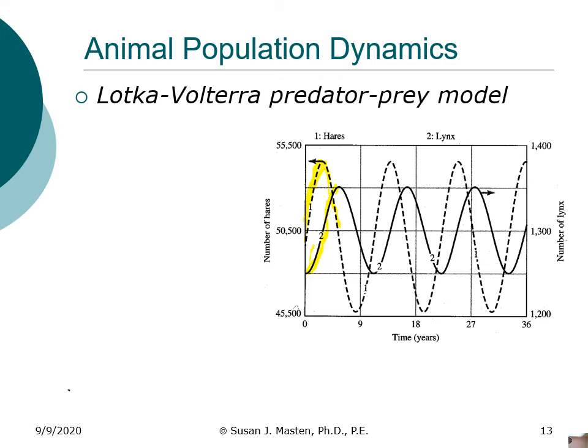And eventually, there are a sufficient number of predators that the prey population decreases, and then lagging behind that, eventually the population of the predator will decrease.